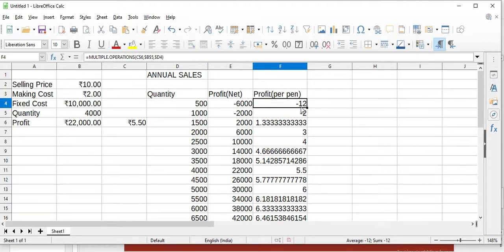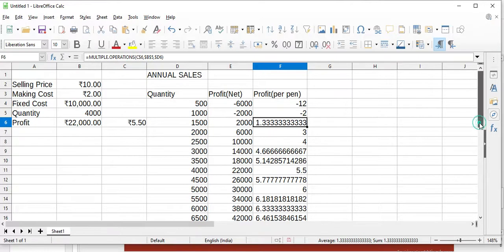If you are getting -12, it means you are losing 12 rupees for that pen. If your quantity is 1500, you are earning 1.3 rupees for that particular pen, like per pen profit will be 1.3 rupees if the quantity is 1500.